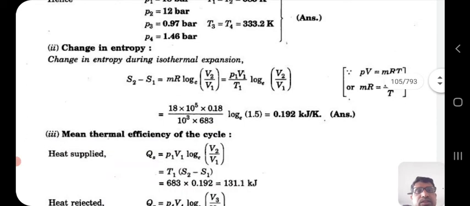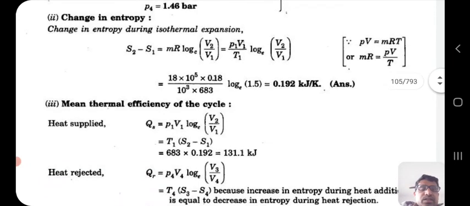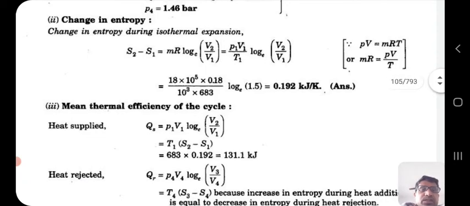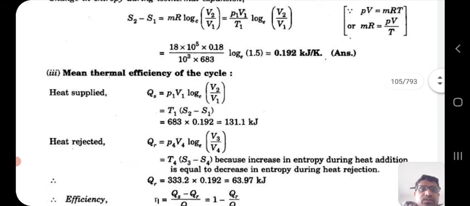Change in entropy during isothermal expansion. S2 minus S1 is equal to m R ln V2 by V1, equal to P1 V1 by T1 ln V2 by V1, so 18 into 10 to the power 5 into 0.18 divided by 10 cube into 683, ln 1.5.